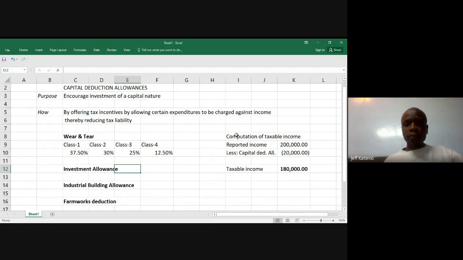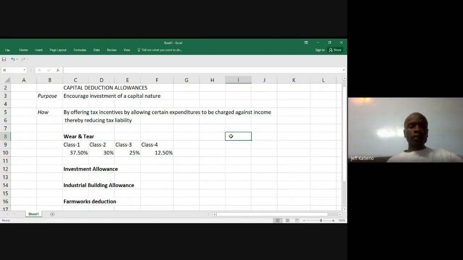But with the current regime, which was an amendment of last year, we now have a current capital deduction allowance regime.